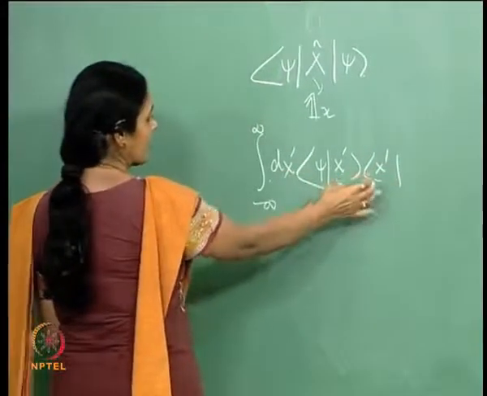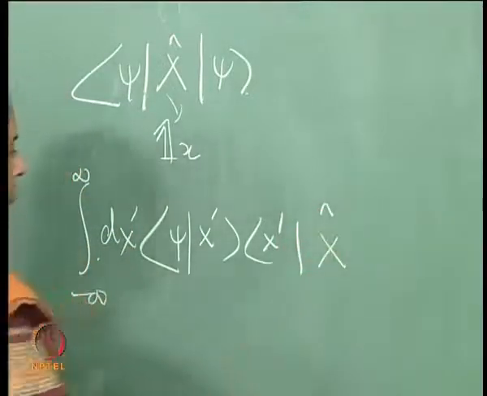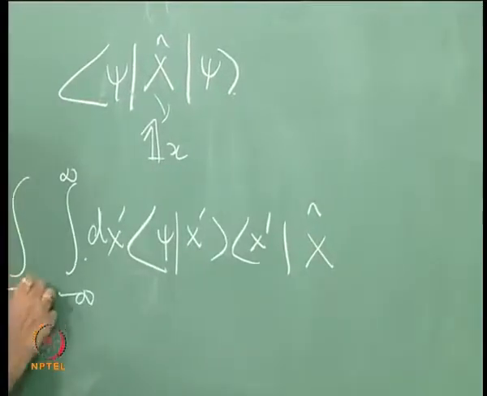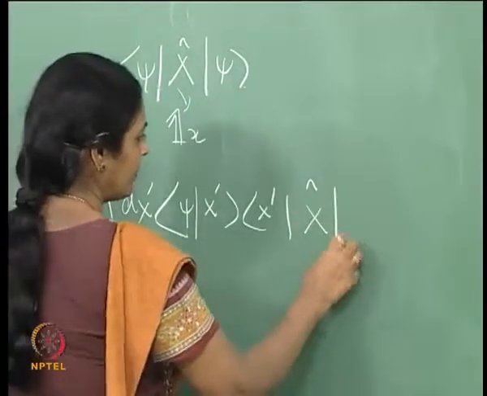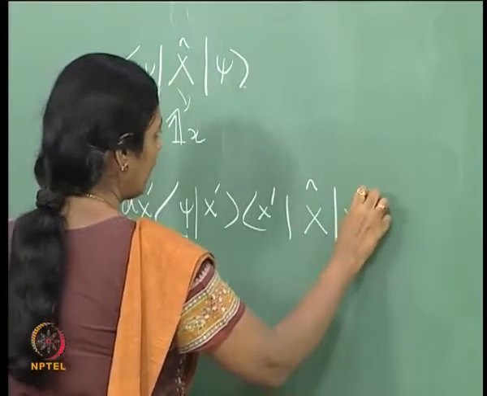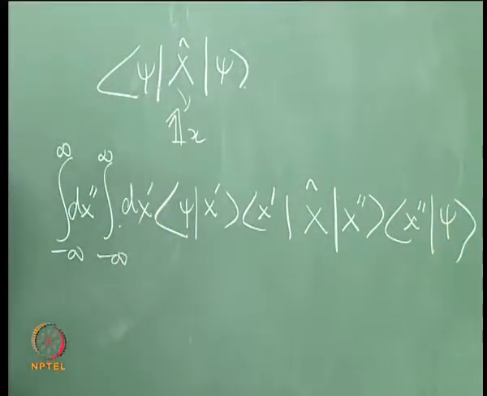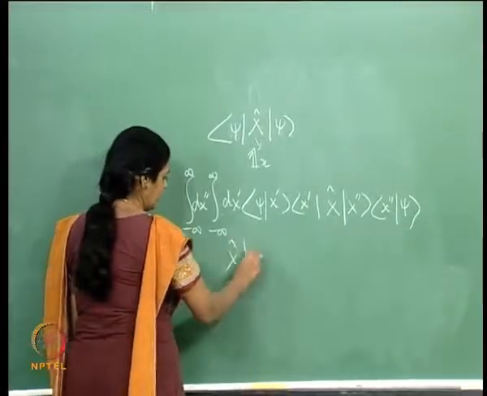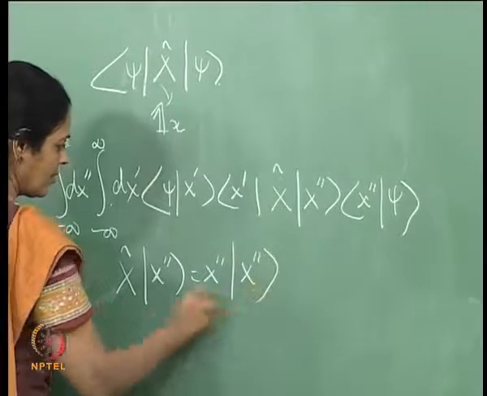Now that is a complete set of states that I have introduced, and then once more here I can introduce another complete set of states, dx double prime, ket x double prime bra x double prime, acting on psi. It is clear that these are the position eigenstates, and therefore I have the eigenvalue equation as follows.